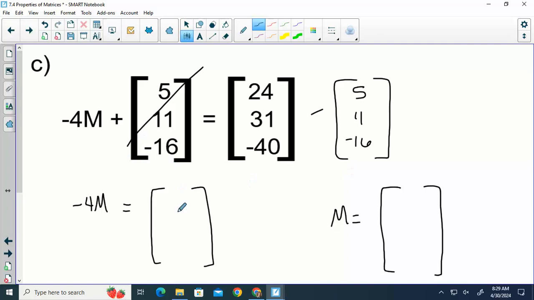So 24 minus 5 is what? And then we divide each one of those numbers by -4. So we get -19 fourths, -5 over 6.